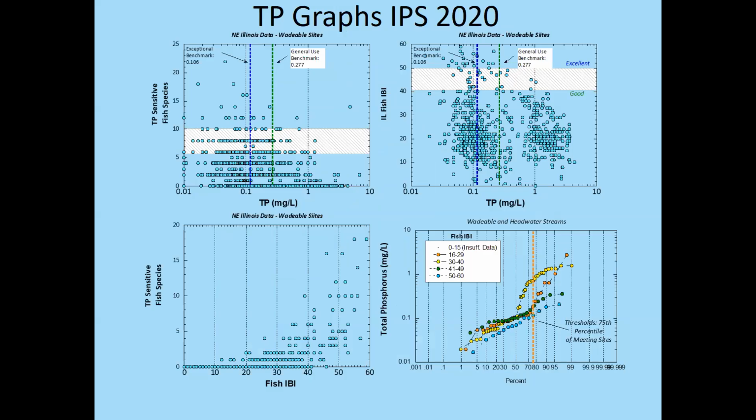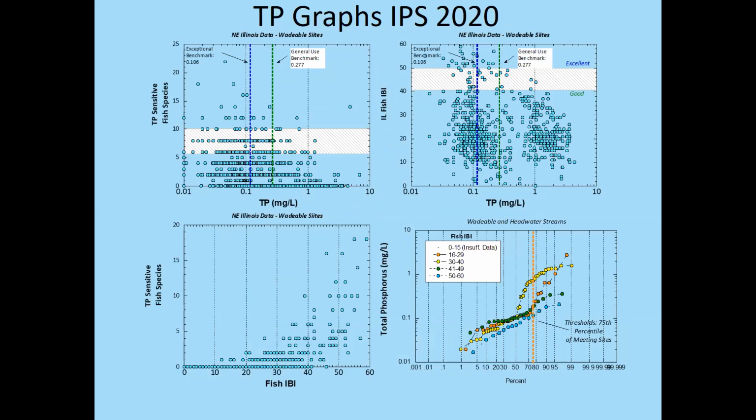So getting back to nutrients and decision making on nutrients, these are the slides for nutrients. One of the things, and Doug will talk about this, is that the relationships with nutrients tend to be not as strong as the relationships we see with a lot of QHEI data. We've talked about that in the past.